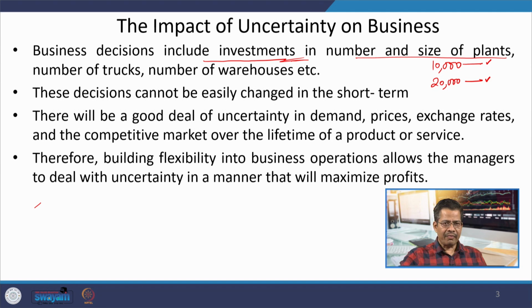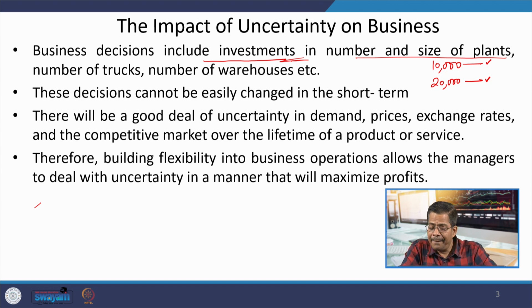You have answers available to you, and generally we have two types of uncertainties: uncertainties for very short term periods, and uncertainties which are going to have a long term impact also.